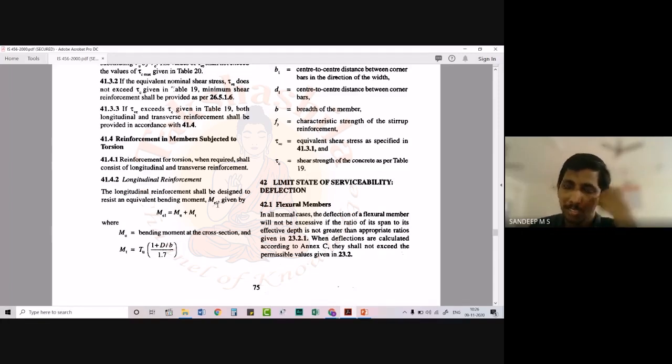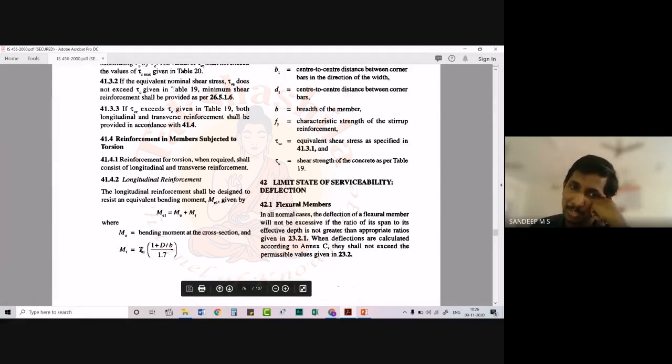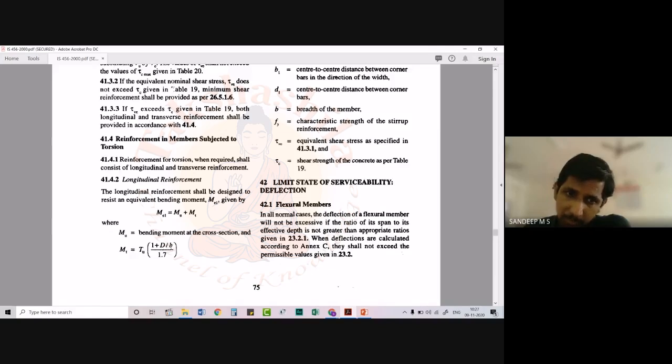In the normal case, we would be designing just for MU, but in order to include the effect of torsion, we have to calculate an equivalent bending moment, which is given by MU plus MT. And what is MT? MT can be calculated using this equation, which takes care of the torsional moment also. Therefore, MT is equal to torsional moment TU into (1 plus D by B) by 1.7. So this is the equation that gives the value of MT.